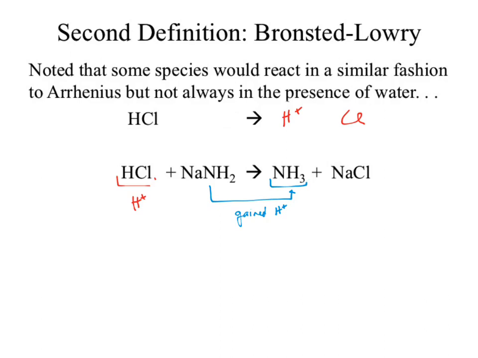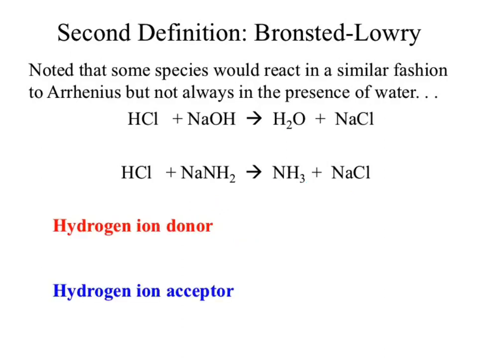So our acid donated a hydrogen, or lost a hydrogen. Our base gained a hydrogen. We rephrased that a little bit to get hydrogen ion donors, which are our acids, and hydrogen ion acceptors, which are our bases.